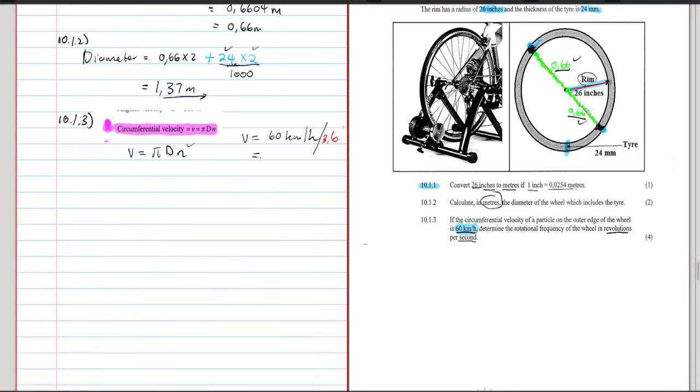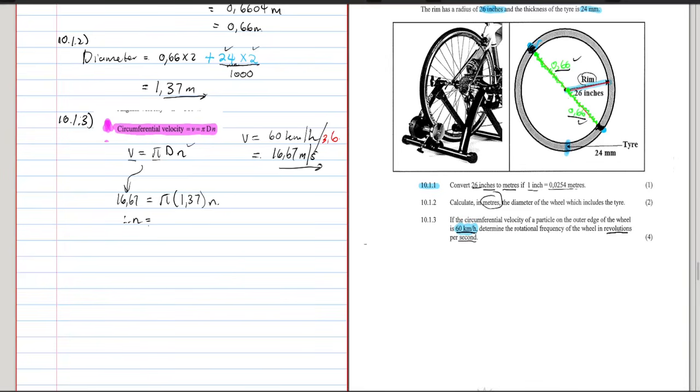So 60 divided by 3.6 gives us 16.67 meters per second. Right, then I go back to the formula. I substitute the velocity, that is 16.67 equals pi, diameter. We did calculate it, it's 1.37, and then this is n.